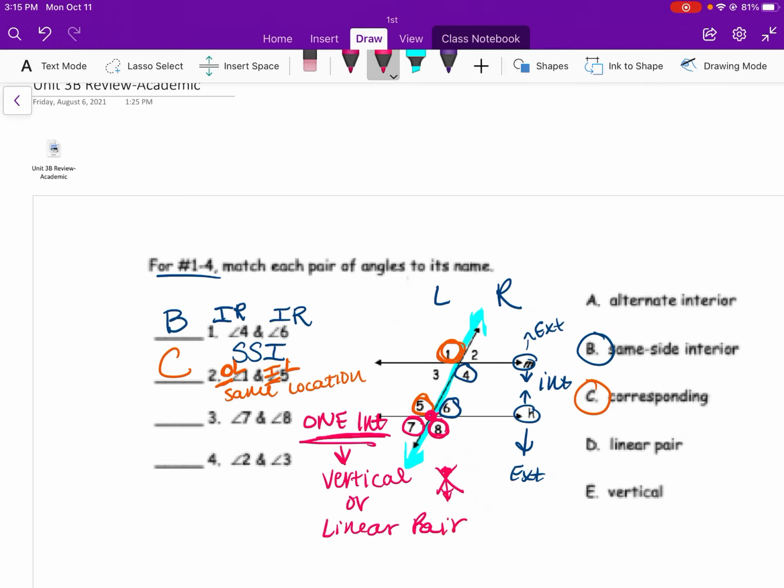And linear pairs are adjacent or touching. Okay, so when I'm looking at 7 and 8, I notice that they share this ray here. So that means that they are, in fact, D, a linear pair.